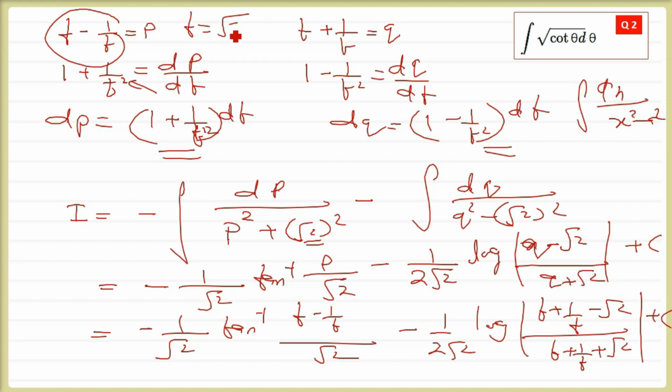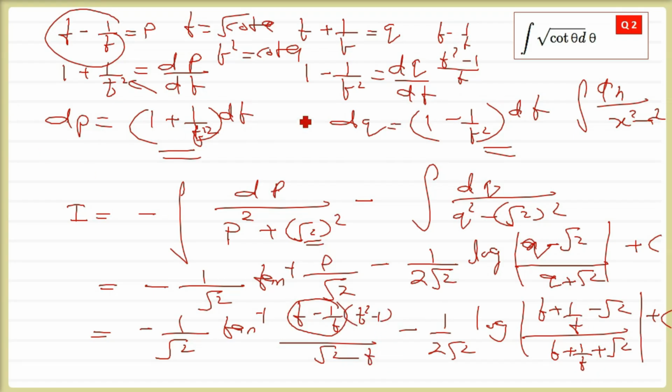Initially t was taken as under root cot theta, if you remember. t square was cot theta. That's what we are going to do. First we'll just simplify these two which are inside this tan inverse and log. Let me do it here only so that you have a better idea how it has transformed. This t minus 1 by t will be equal to t square minus 1 by t. So t square minus 1 by t will go in the denominator root 2.